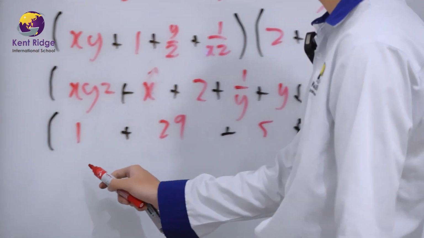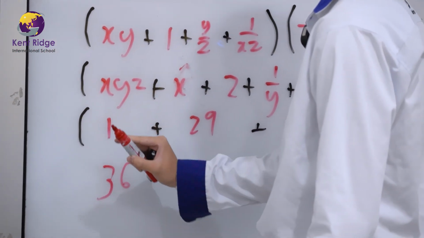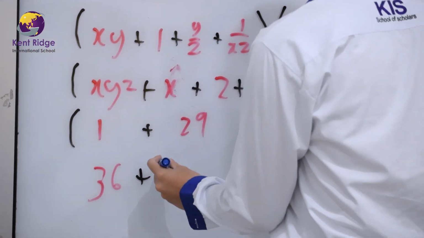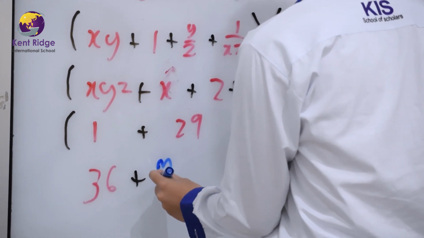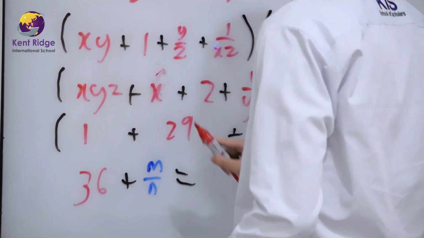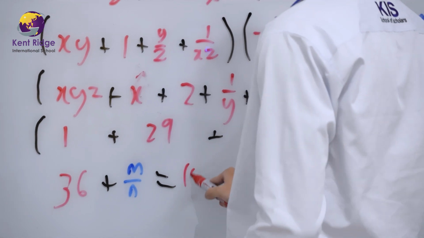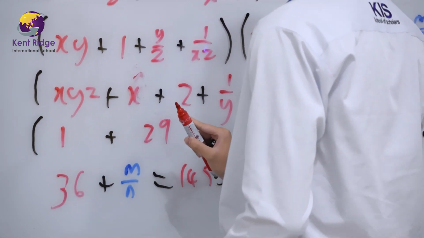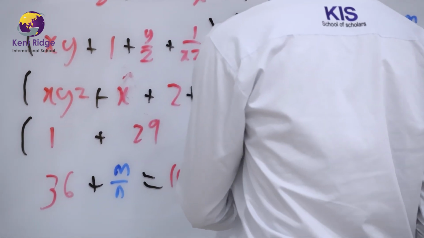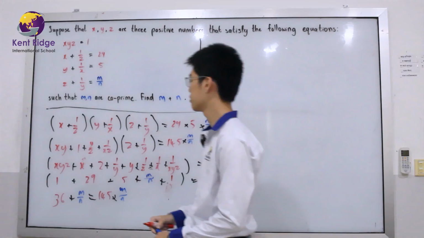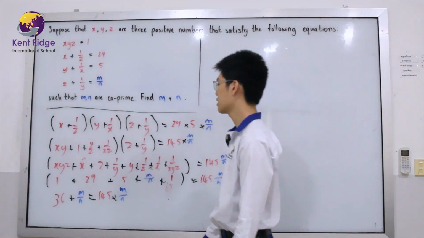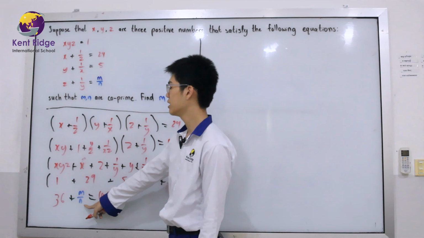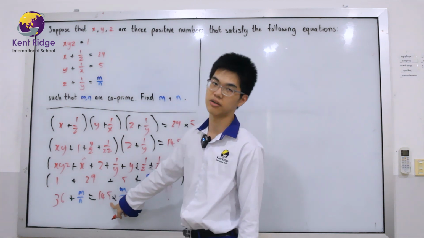Quick maths. 36 plus m over n equals 145 times m over n.